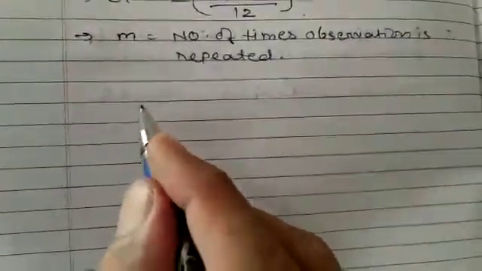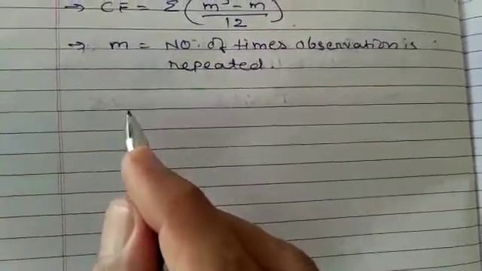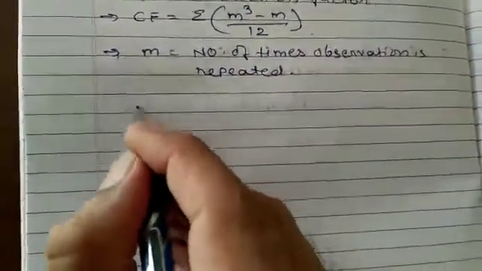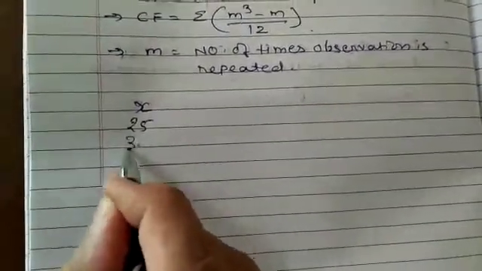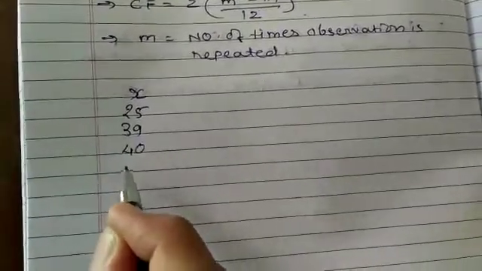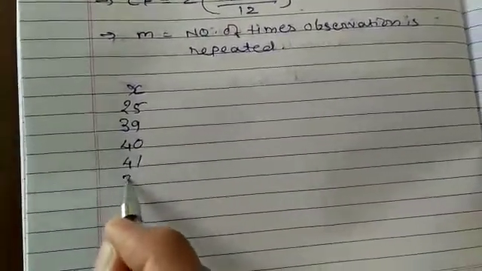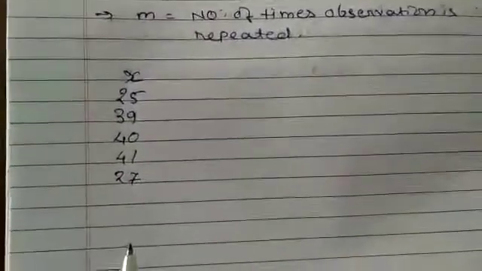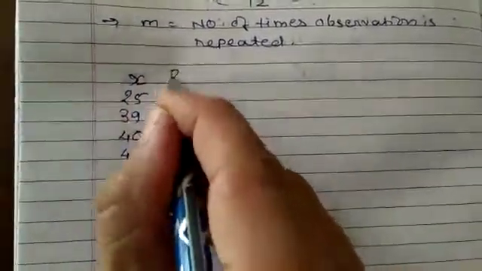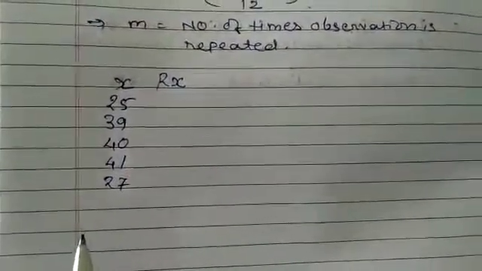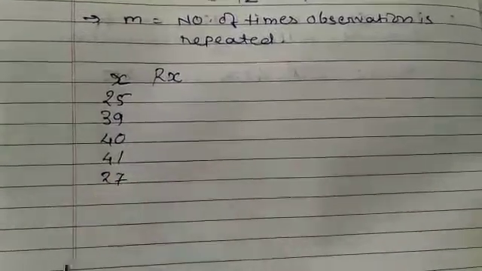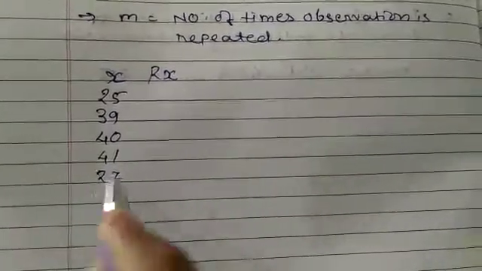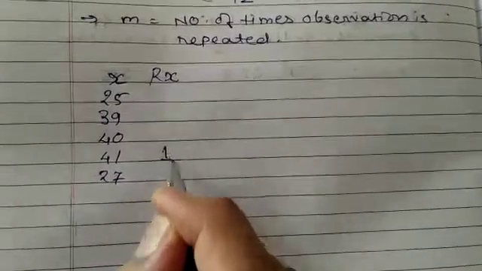Now, how to give the ranks? Students, the highest observation will be given the first rank. Suppose the values of x are 25, 39, 40, 41 and 27. 41 is the highest observation, so it will be given rank 1.